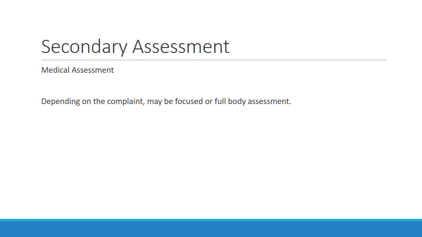With a suspected stroke, do they have weakness or paralysis on just one side of the body? Is it both sides of the body? Is it the bottom half of the body? That sort of thing. Again, it's going to depend on exactly what the complaint is as to whether you do a focused or a full body assessment.